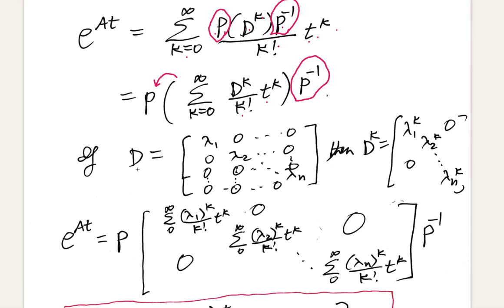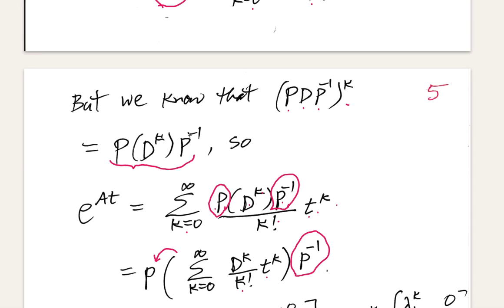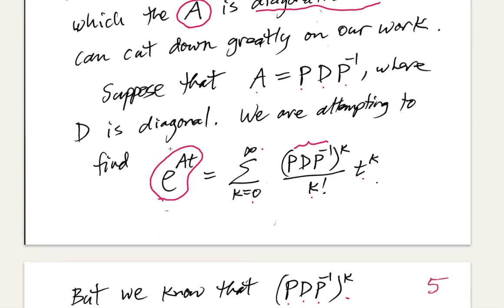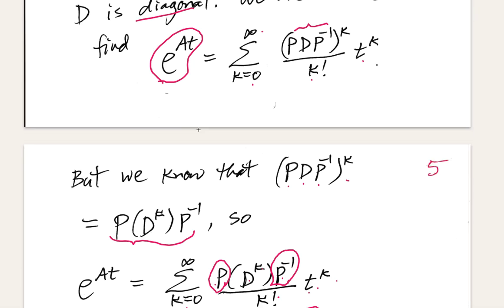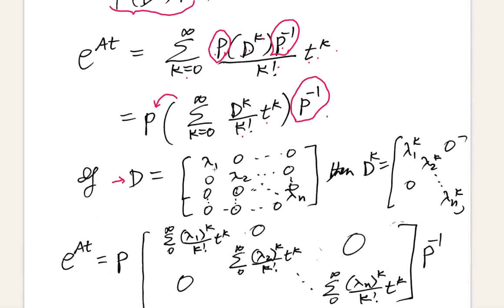Now, you remember what D looked like? When we diagonalized the matrix, D, that diagonal matrix, was a diagonal consisting of the eigenvalues of the matrix A that we were dealing with.